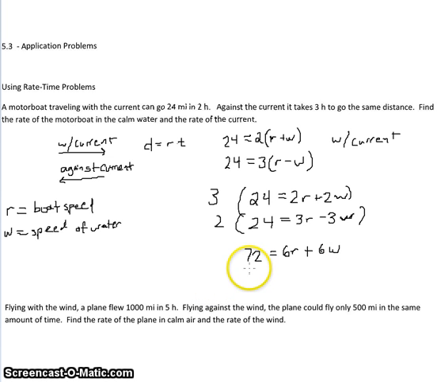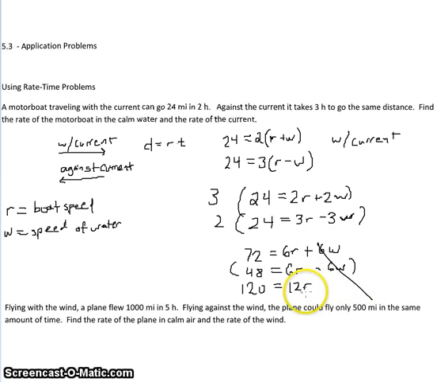And in the second equation, I get 48 equals 6R minus 6W. Notice that they're the opposites, so I'm going to add these two equations together. So if I add these two equations together, I get 120 equals 12R.